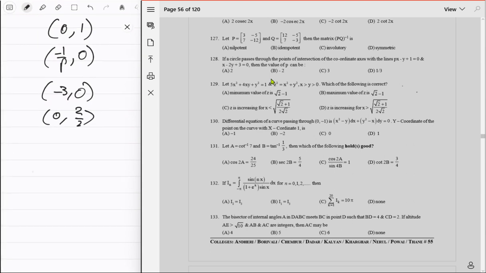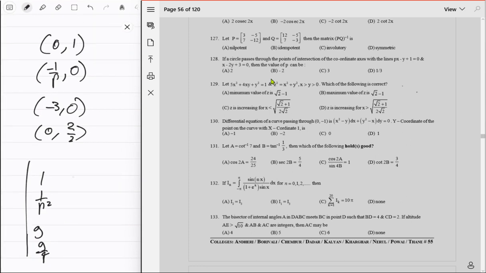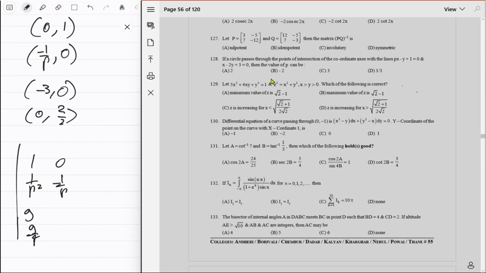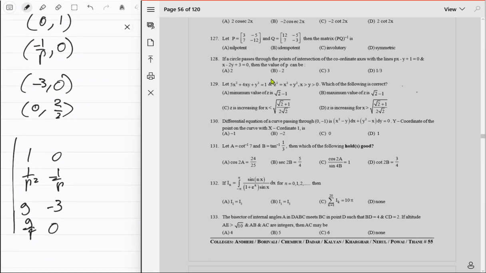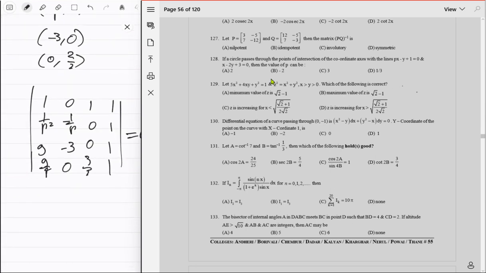And okay, so x square plus y square, first of all, which is just 1 upon p square, 9, and 9 upon 4, where x, which is just 0, negative 1 upon p, negative 3 and 0, then y, which are just 1, 0, 0, 3 upon 2, and finally just 1 1 1 1, right? This should be equal to 0, right? So to figure out the value of p, of course. So there is p square probably. Just get this thing 1 minus p. It's got p square over there. Okay, nice.